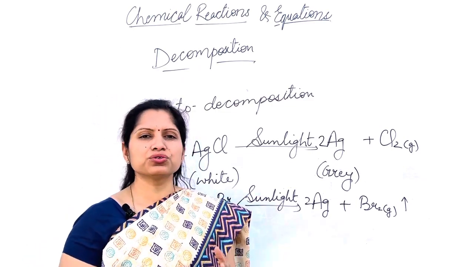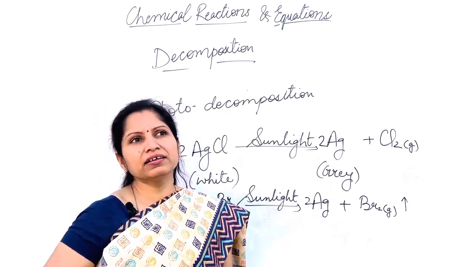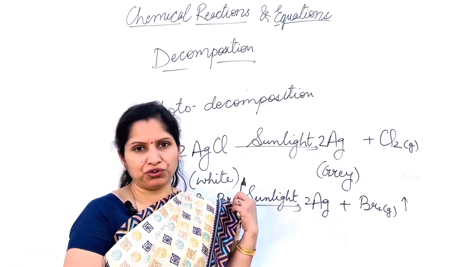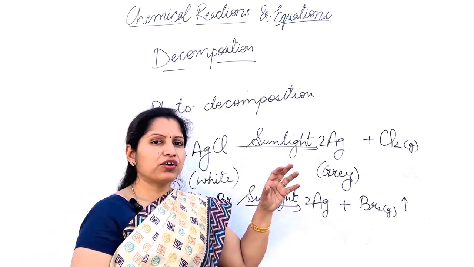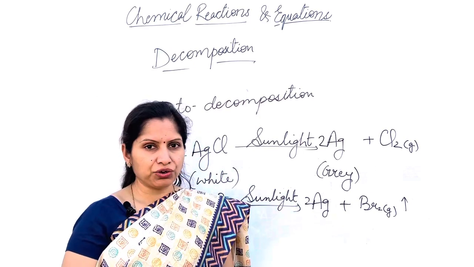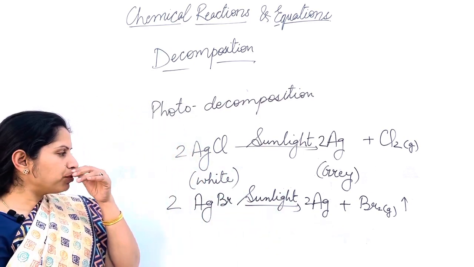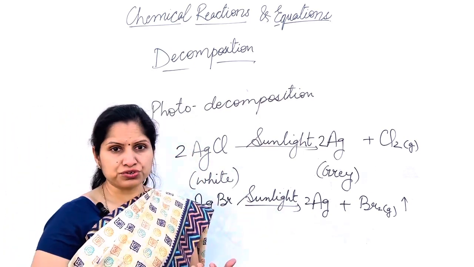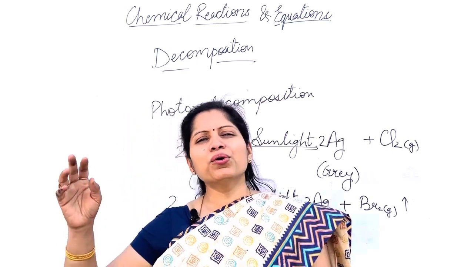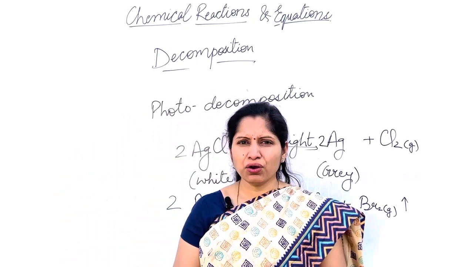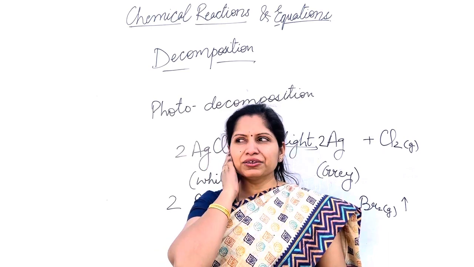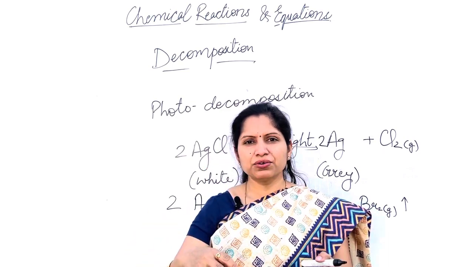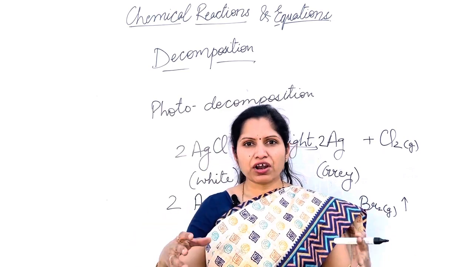Right now we just use colored photographs only, but in early days we used to have black and white photography. So for that purpose, for developing the film of the black and white photographs, these photodecomposition reactions were used. In old time movies, if you have ever observed, you could see the developing of the photographic film.